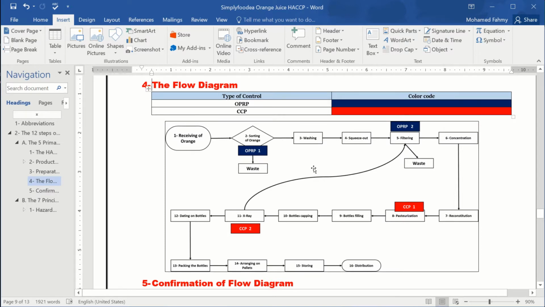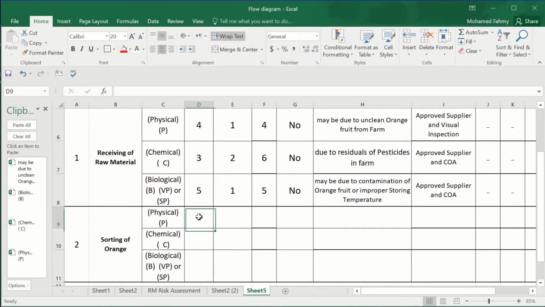But in our example, because previously we have explained in deep details the OPRPs and CCPs, and we have mentioned why each one of them is OPRP or CCP. So when you draw your flow diagram according to the exact process steps on your floor, after that you will mention which is OPRP and which is CCP. Okay, the sorting of orange.